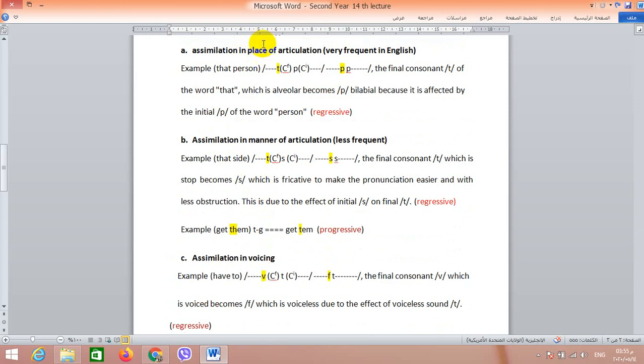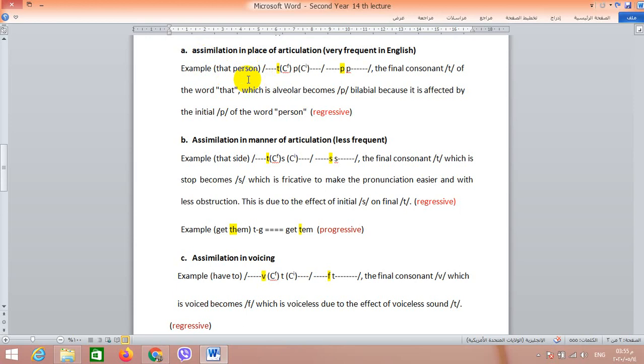If we are talking about place of articulation, which is very frequent in English, let's take this example. That person. If I say these two words slowly, formally, I will pronounce them as "that person."